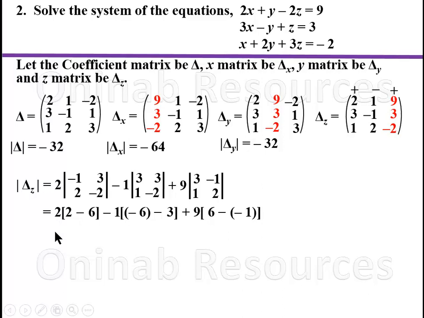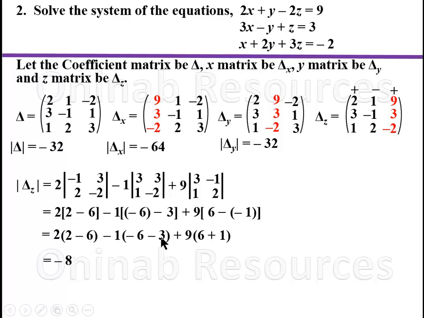So here we have a 2. Removing the inner bracket. This one has no inner bracket. So we have 2 minus 6. This is minus 1. Negative 6 is negative 6 minus 3. And here this is positive 9. 6 minus minus gives positive, so that will give us plus 1. 2 minus 6 gives negative 4 times 2 gives negative 8.